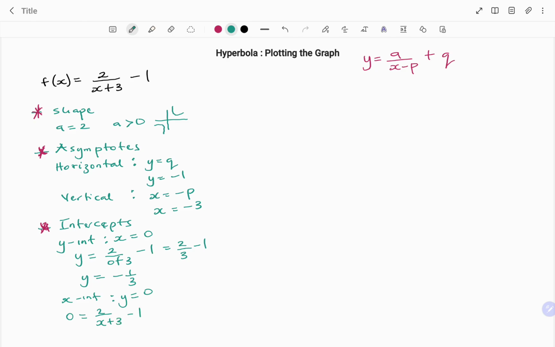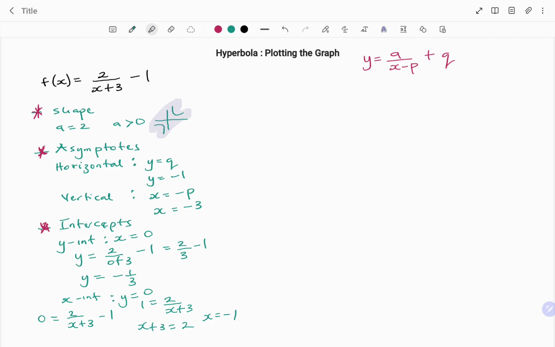If we simplify, we have 1 equals, take minus 1 to the other side, 2 over x plus 3. Therefore, we have x plus 3 is equal to 2. Therefore, the value of our x will be minus 1.